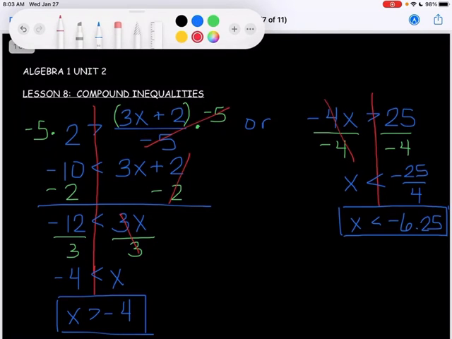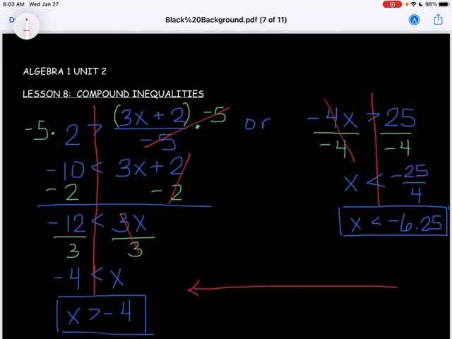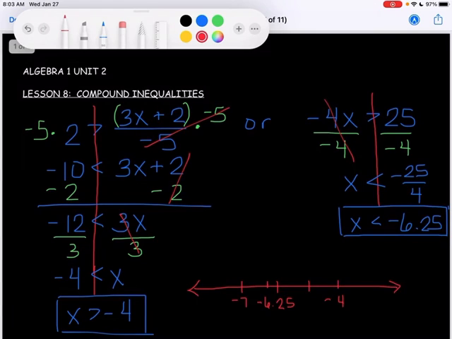So I'm going to put this on a number line. We need to make sure we've got negative 6.25 and negative 4 on here. Make sure negative 4 is to the right of negative 6.25 because it is larger than negative 6.25. There's negative 6.25. Again, both of these are less than or greater than symbols, so they're both going to be open.